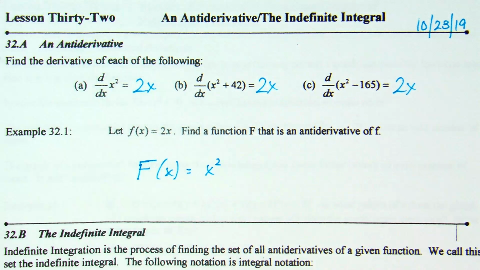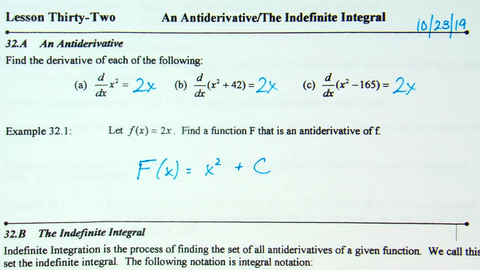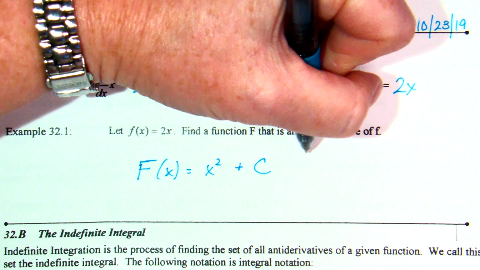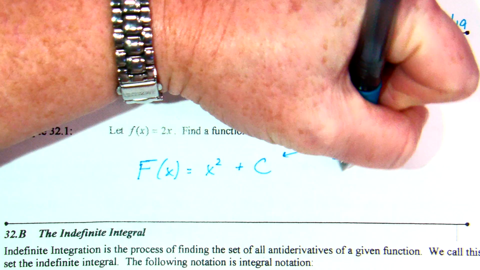However, you can't just write x squared. There are lots of different answers that could work. So to generalize it, we say x squared plus C. And C would be all the possible constants. C stands for constant.